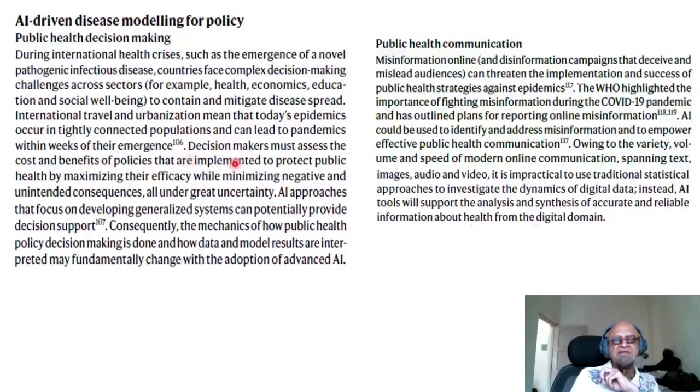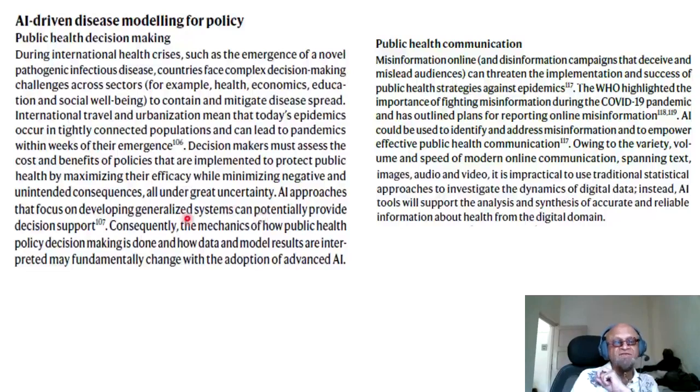International travel and urbanization mean that today's epidemics occur in tightly connected populations and can lead to pandemics within weeks of their emergence. So epidemic is still kind of local, regional. Pandemic is when it's just gone bonkers in large scale. Decision makers must assess the cost and benefits of policies that are implemented to protect public health by maximizing their efficacy while minimizing the negative and unintended consequences like loss of lives and livelihoods, all under great uncertainty.